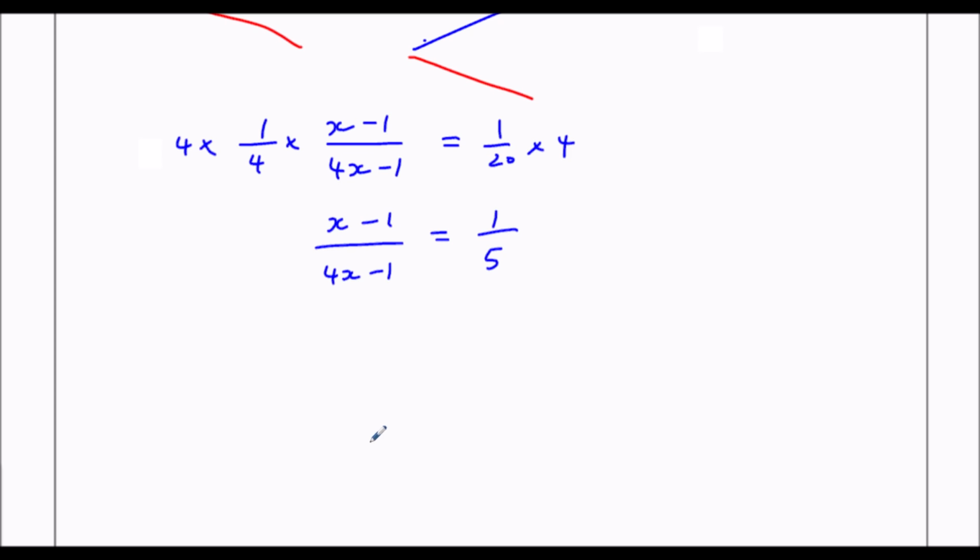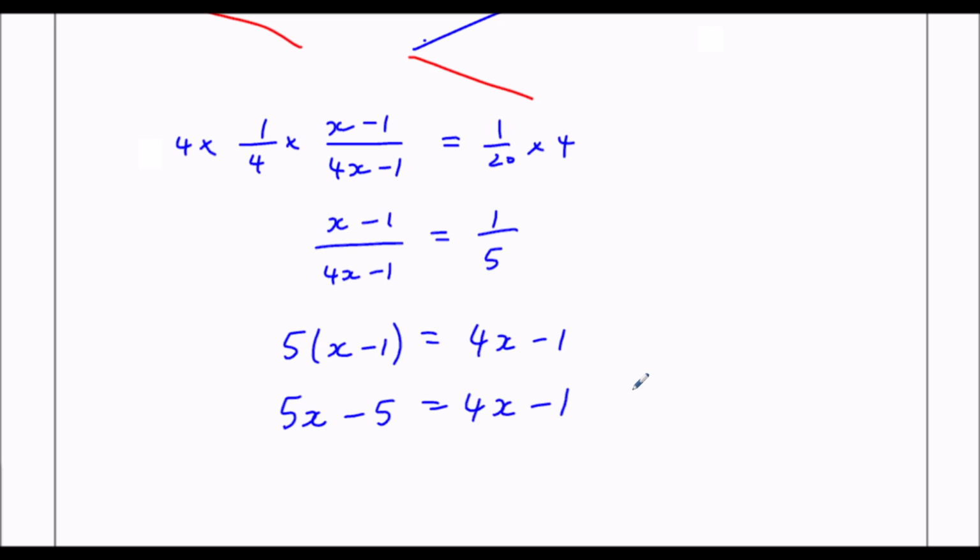Now I want to get rid of these fractions. So I'm going to times both sides by 5 and times both sides by 4x minus 1. So 5 times (x minus 1) equals 1 times (4x minus 1), which is just 4x minus 1. Expand this bracket. 5 times x is 5x. 5 times -1 is -5.